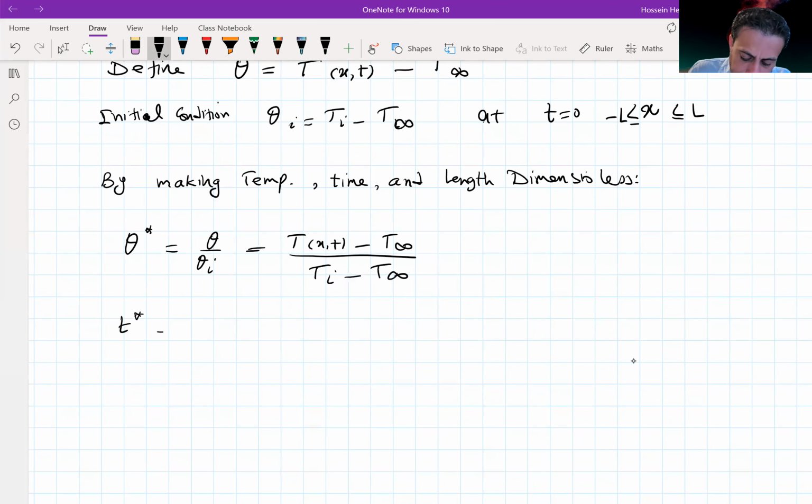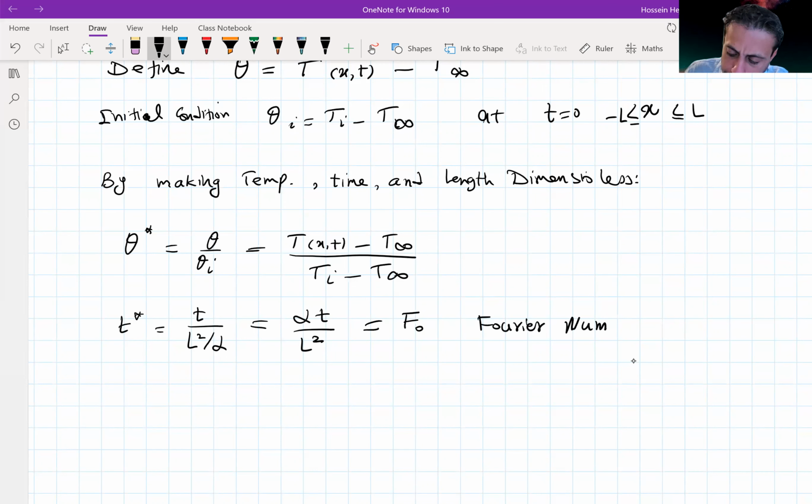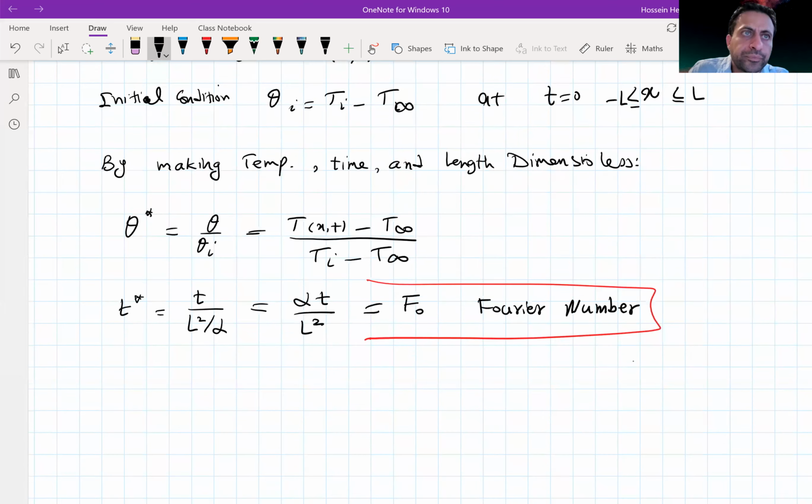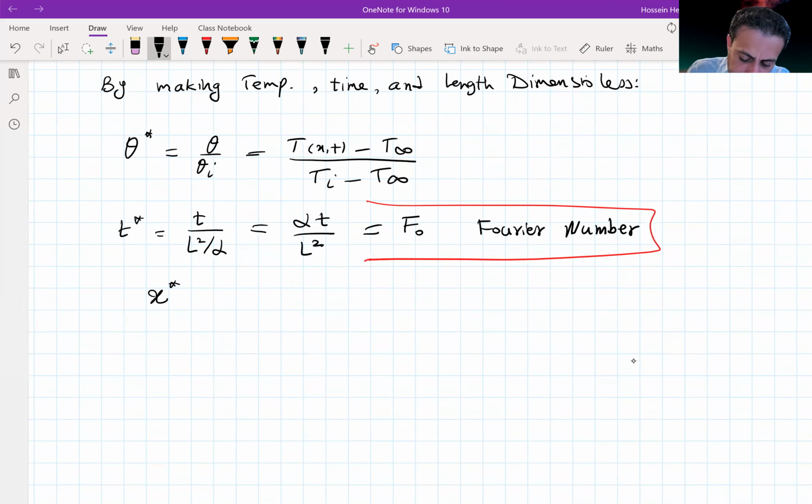And if we use diffusive scaling for the time, t divided by L squared over alpha, which is alpha t divided by L squared, this is a dimensionless number, and that's the definition of the Fourier number, Fo. And for x, let's make that dimensionless, x divided by L. So when I put a star on any parameter that we are using, it means it's dimensionless.